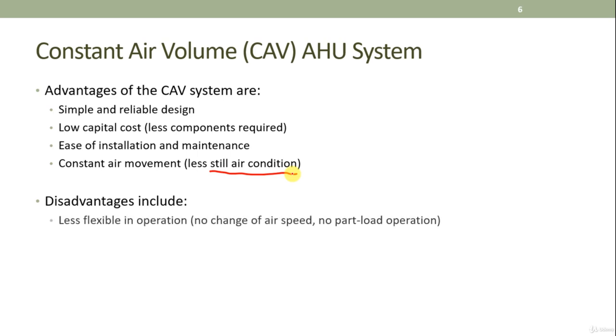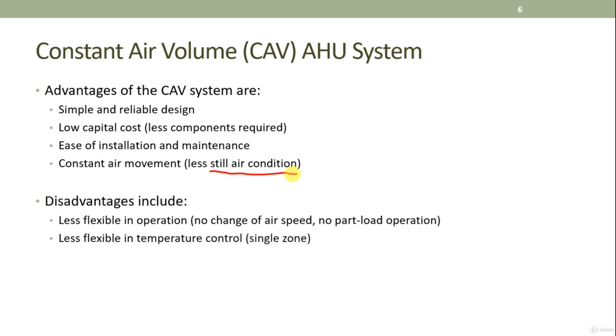Okay, how about the disadvantages? It's less flexible in operation because there's no way to have a part load operation. Let's say the load reduces, what you can do is just adjust the supply air temperature, but you are not able to modulate the air speed, so it's not as flexible.